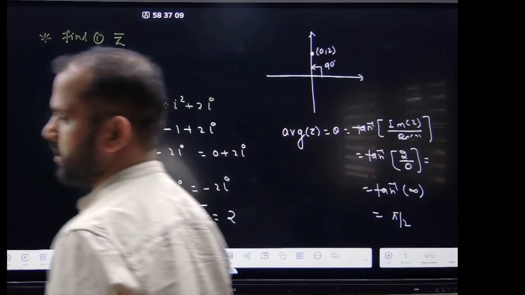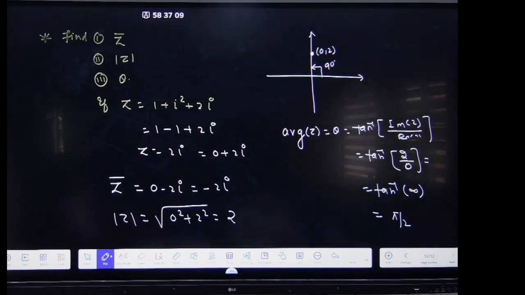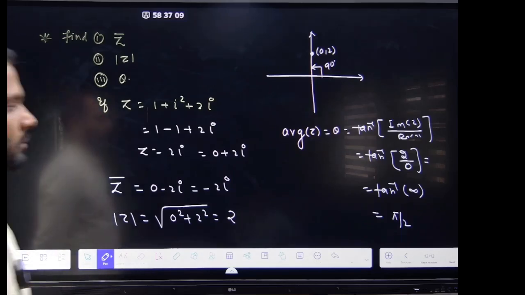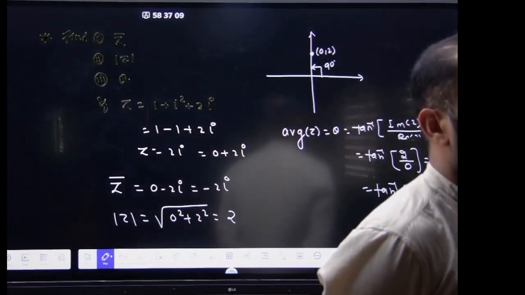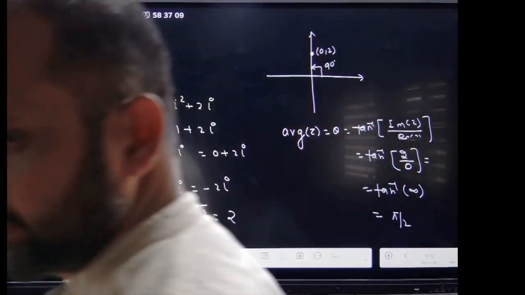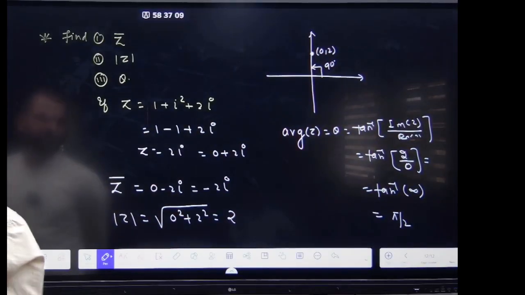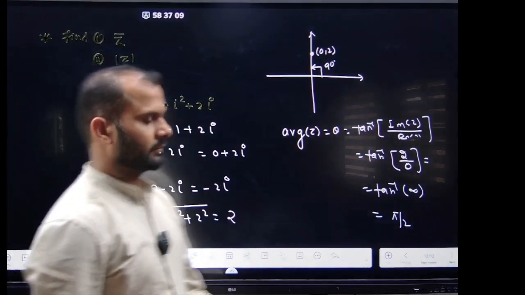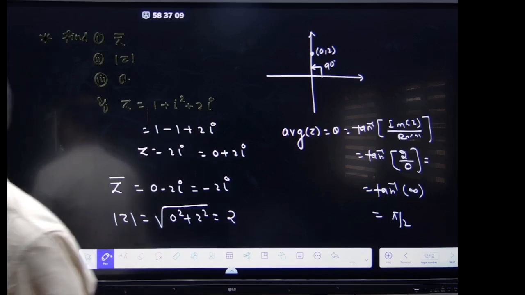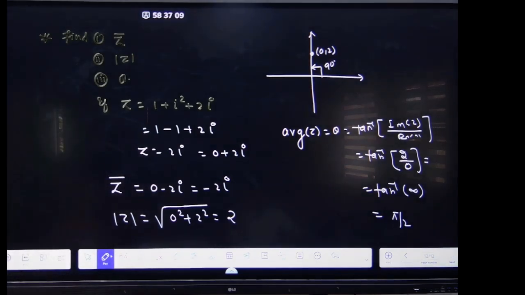Now, you write down properties of conjugate. First we will write of conjugate, then we will write of modulus. Properties of conjugate. Done?